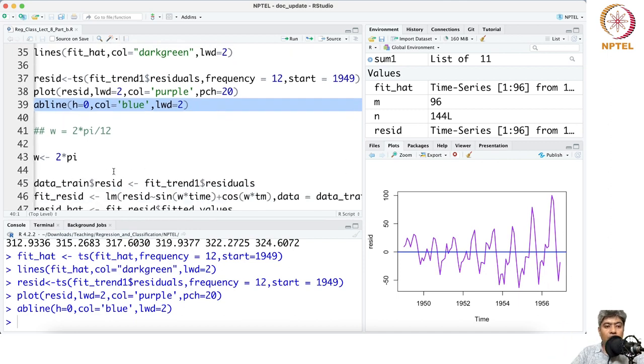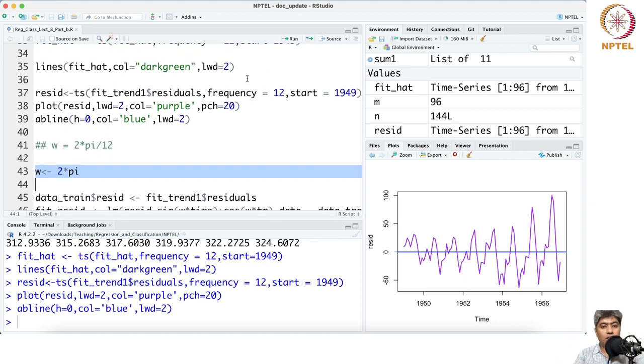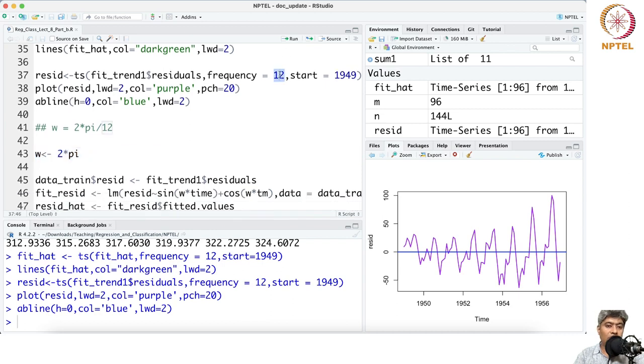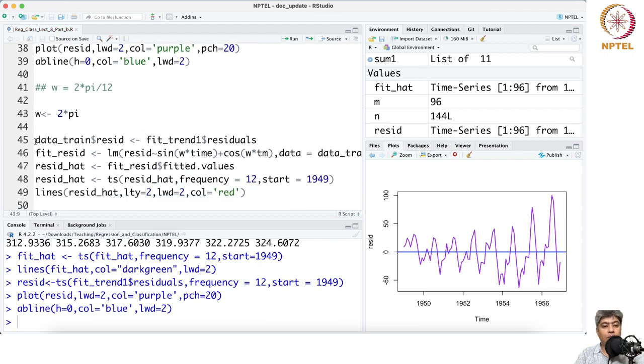Now we plot 2 pi omega by 2 pi. Now we don't need to define it as a 12 because we have defined it as a time series data, and here frequency is already defined as 12. So that's why I don't need to divide it by 12, because it is already being defined as a frequency of 12.